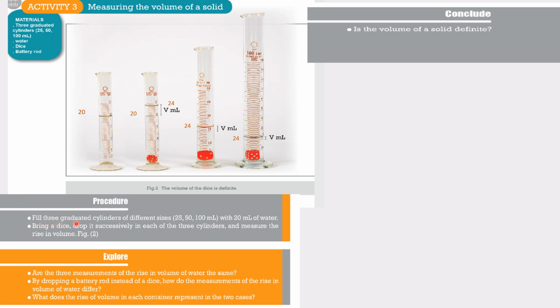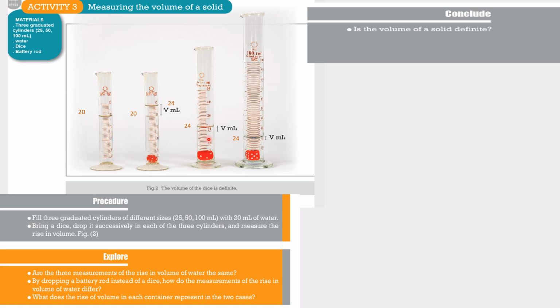Procedure: fill 3 graduated cylinders of different size with 20 ml of water. We fill the 3 graduated cylinders with the same volume of water, which is 20 ml. Then bring a dice, drop it successively in each of the 3 cylinders and measure the rise in volume. Here the volume of the water is 20 and when we drop the dice it becomes 24.